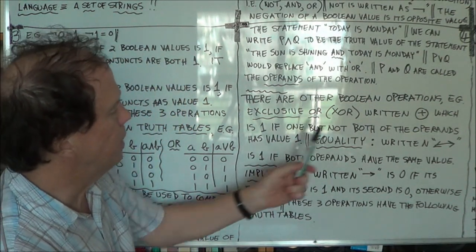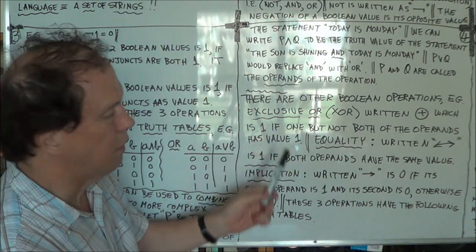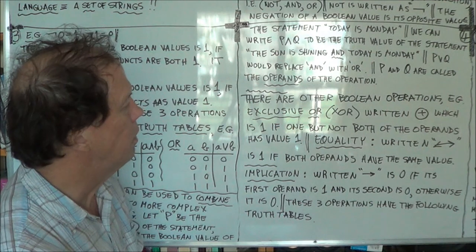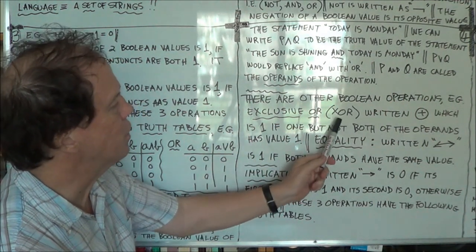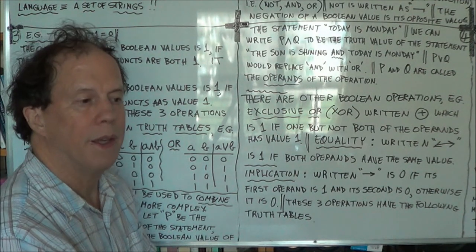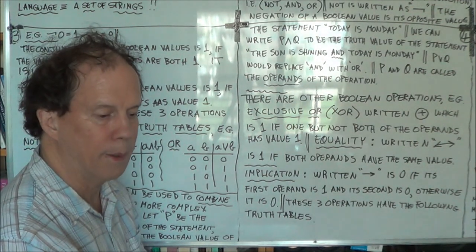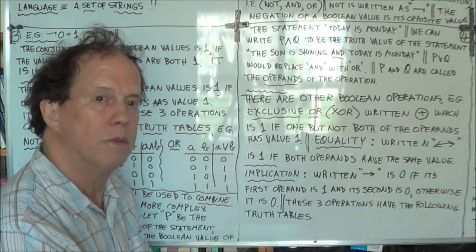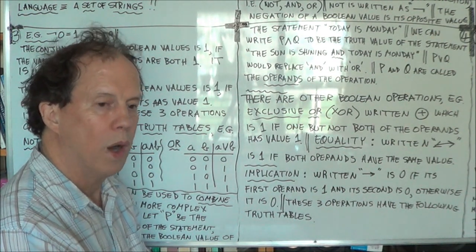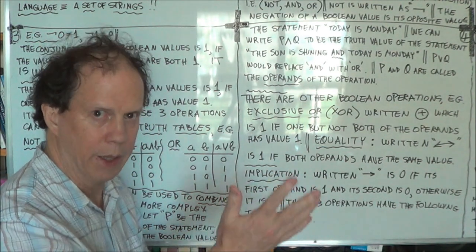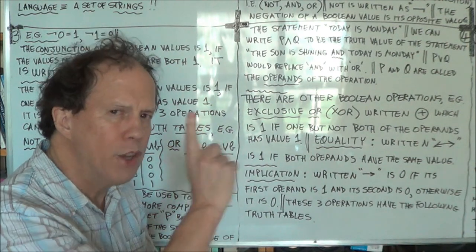It's the operation where you need two binary variables, A and B. So A XOR B, that combined Boolean value will be 1, will be true, when one of the two, A or B, is 1, but not both.